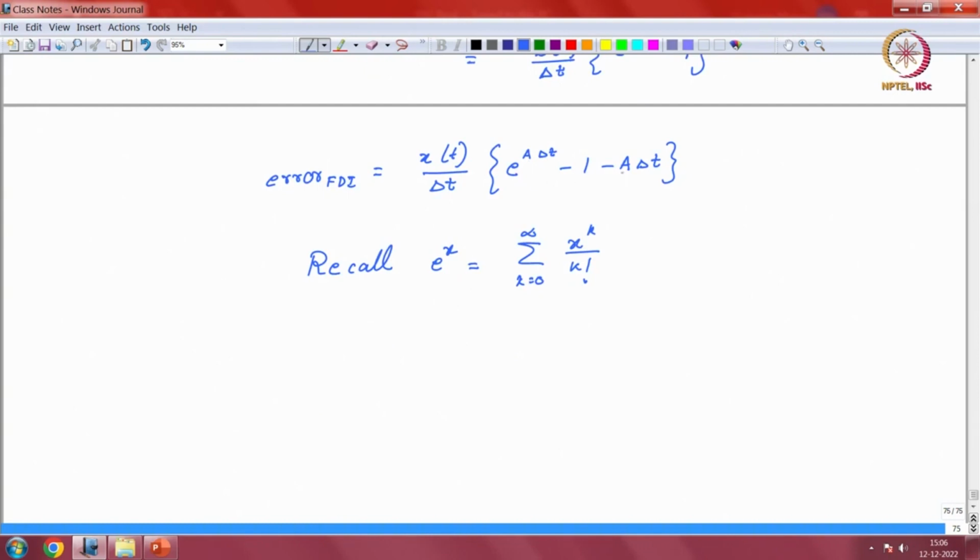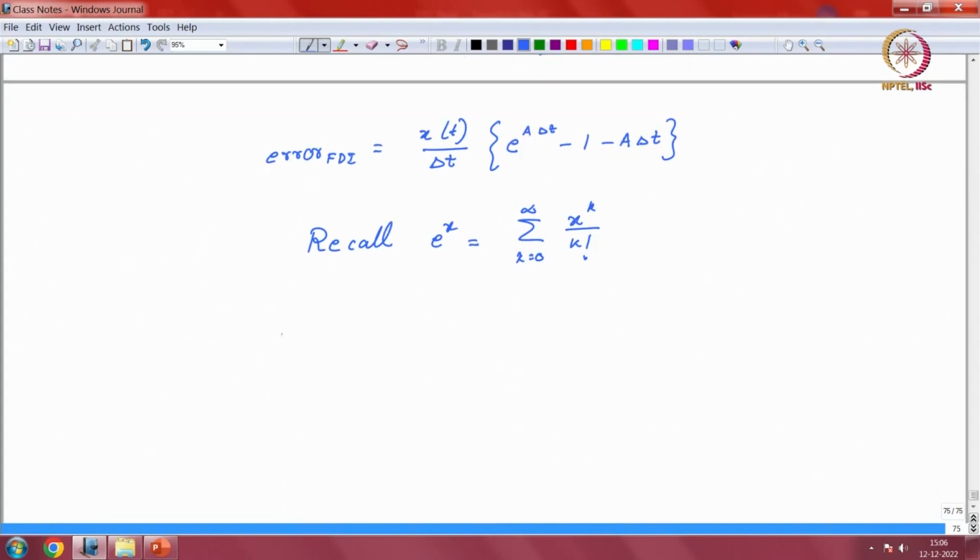So when you do this subtraction, the first two terms disappear, leaving you with, once you apply the series expansion for the exponential, the terms starting with a delta t square, and in this particular case you will have half a delta t square plus all the other terms going up.